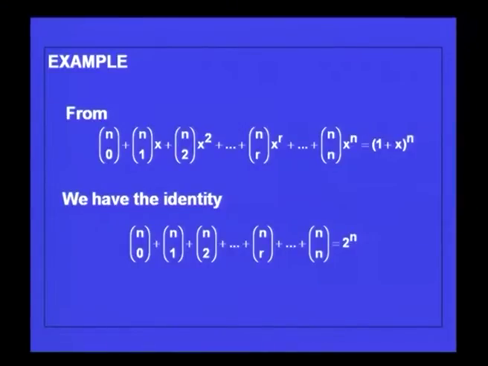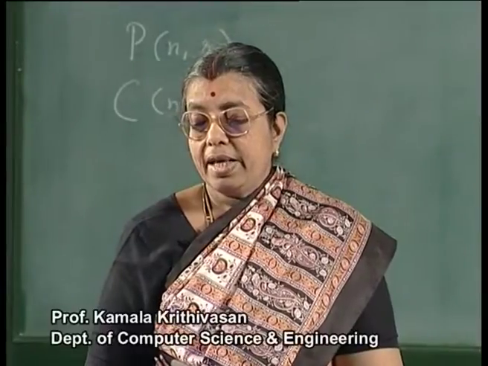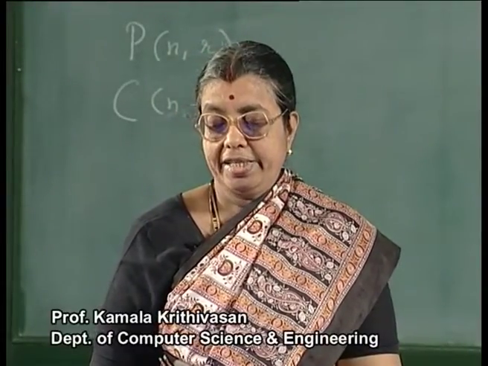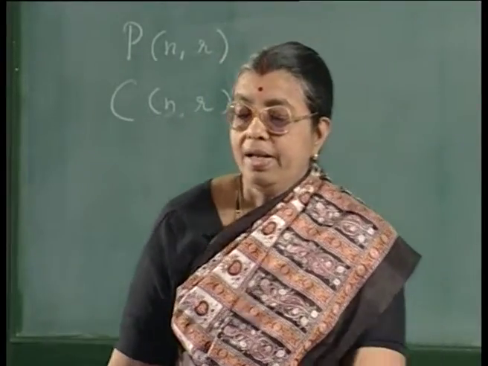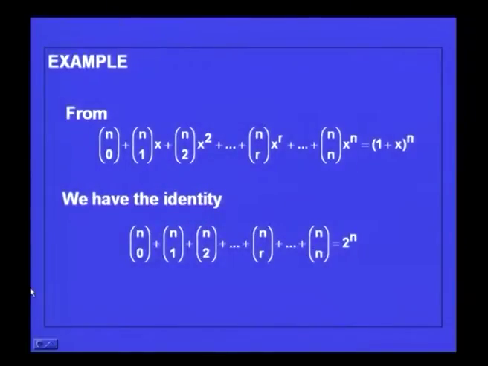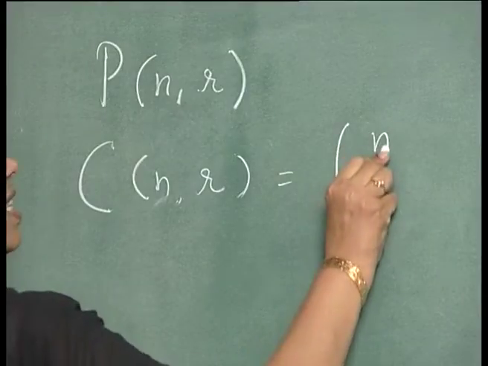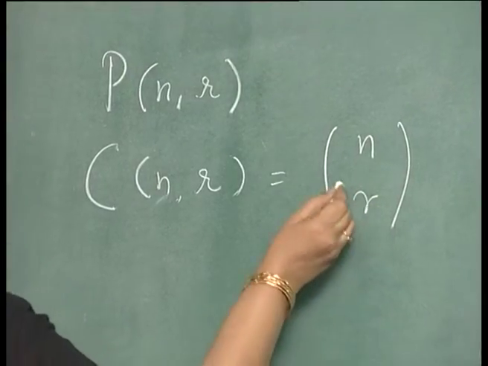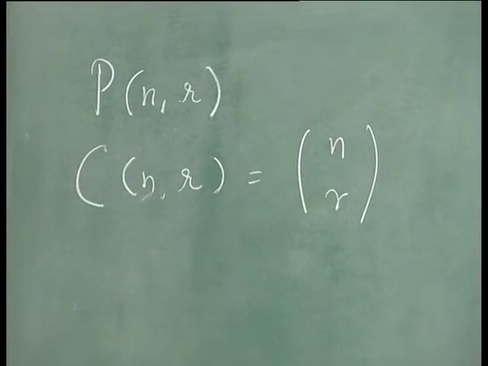So, using this generating function concept, you can prove certain identities. For example, you have this. This is the expression we have earlier seen. Instead of writing CNR, we are writing it as NR. This also represents the number of ways of choosing R objects out of N objects.